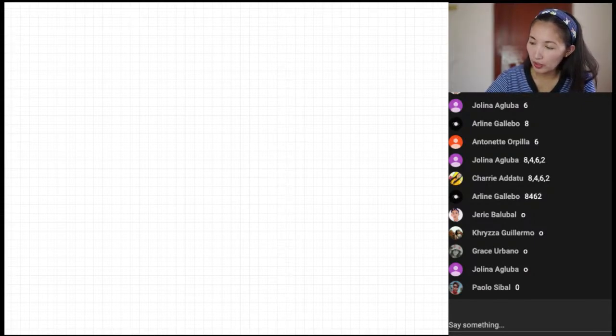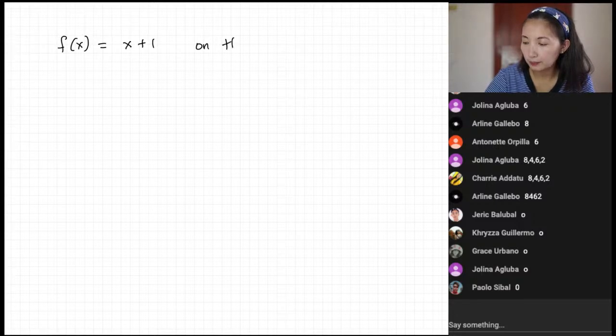On surjective functions, f of x is equal to x plus 1 on the set of counting numbers, or natural numbers.